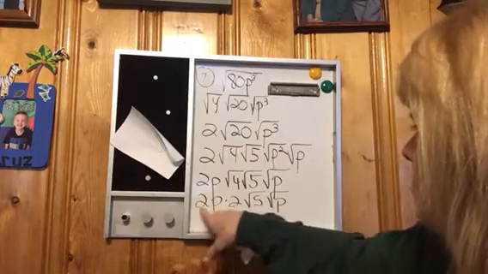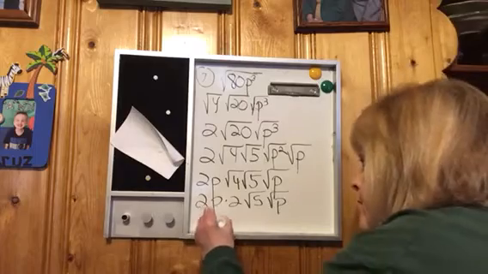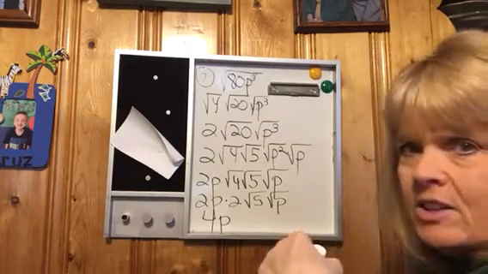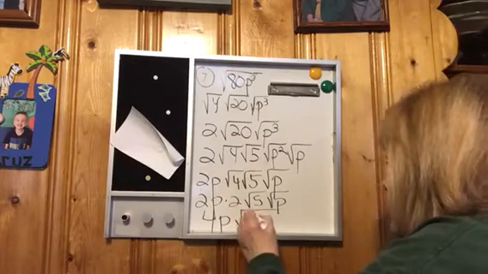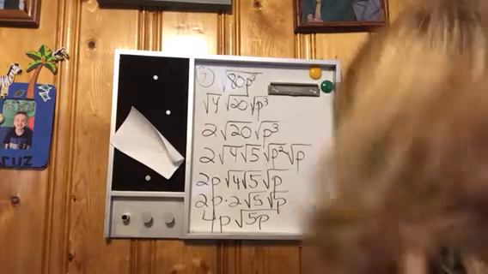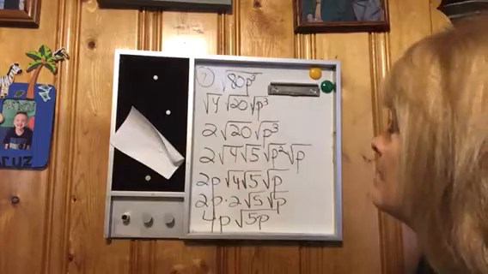Now look, 2 times 2 is 4. So this is written 4p. And you're going to put these back together because you don't want to put radical 5, radical p separately. So you just put radical 5p. Now let me make sure that's the right answer. 4p radical 5p. Yes. So that's how you do that one.